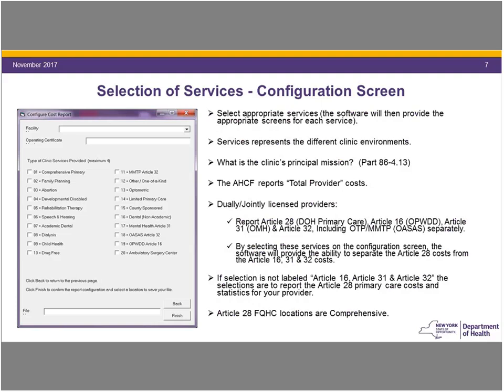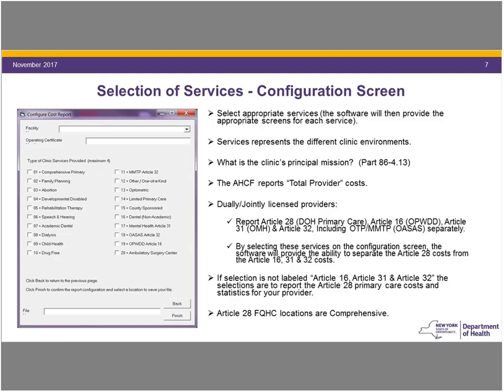So when you begin the software, one of the things you first see is the configuration screen. This is actually the driving force of the other screens that show up within the software. So you need to go through and select the appropriate services that you want to do the reporting for. These services represent the different clinic environments. Prior to APGs, rates were set on these environments.